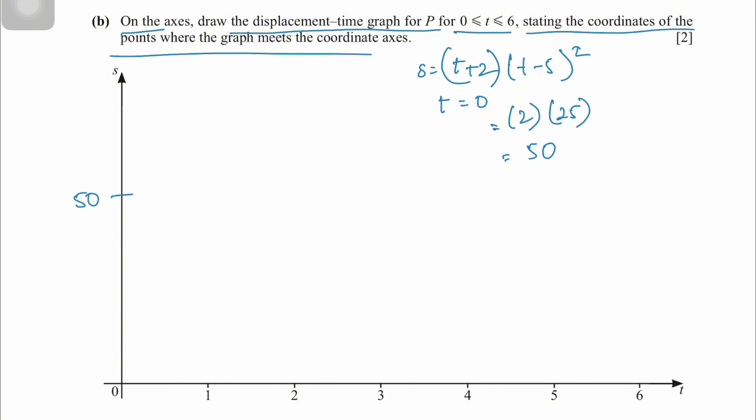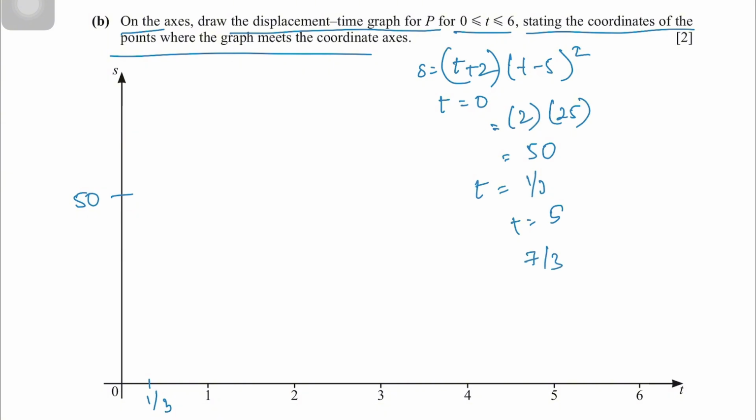And we have our velocity as 0 at 1 over 3. Let's assume this is 1 over 3. And let's take the value of s when t is equal to 1 over 3 and t is equal to 5. So 1 over 3 would be 1 over 3 plus 2, so this would be 7 over 3. Right, 7 over 3.